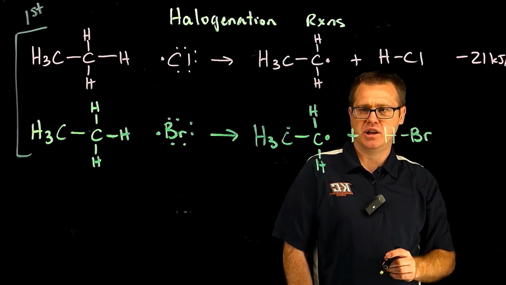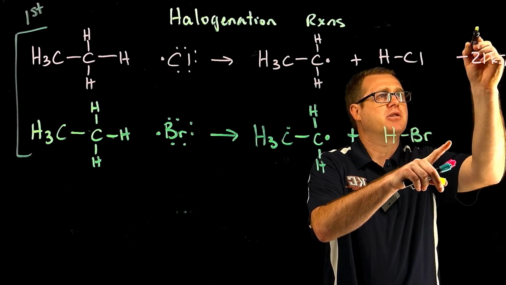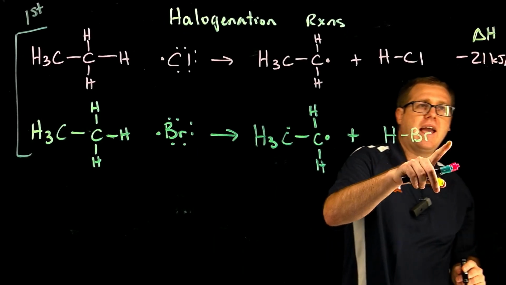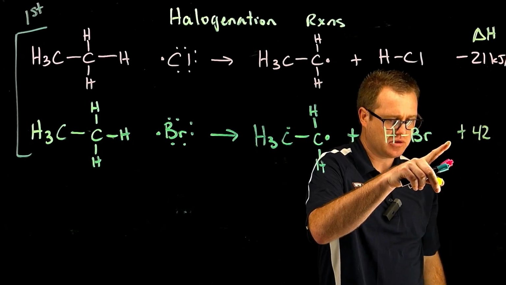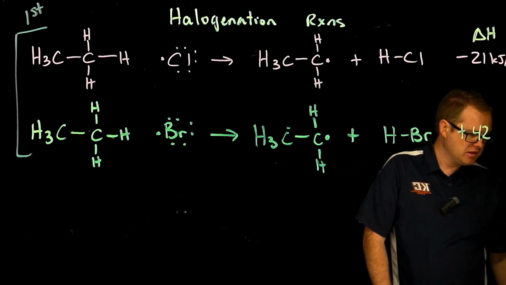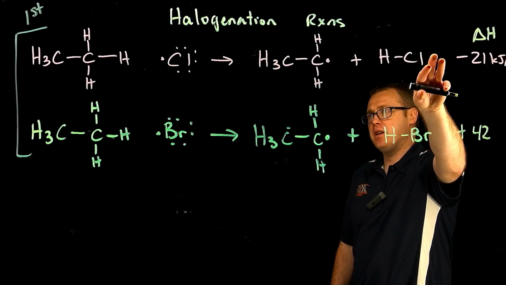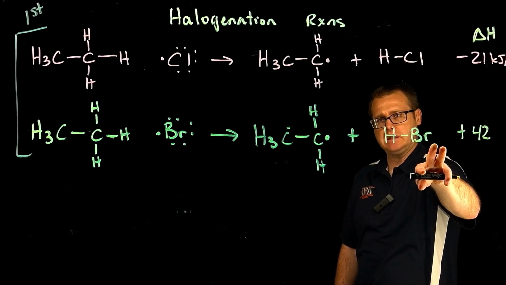Now, what's the enthalpy change for this process? So make sure we understand this is the change in enthalpy. And that one is a positive 42 kilojoules per mole. So this process right here is exothermic. That first step is endothermic.